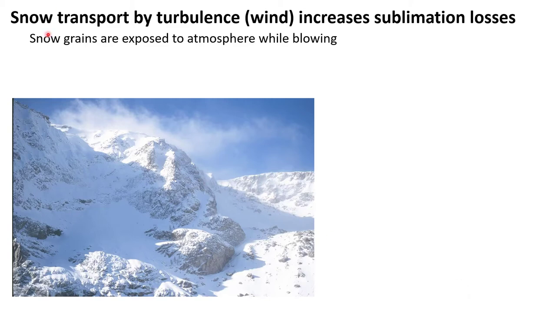And the reason for this is these very small snow grains that have been abraded are now suspended in the air, and they're very vulnerable because they're not protected in the snowpack or in trees or other features. They're up in the air like this and exposed on all sides to the potentially low vapor pressure surroundings, which can cause the solid to move directly into the gas phase.